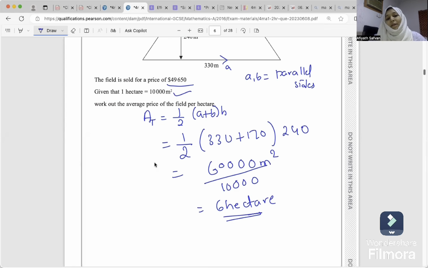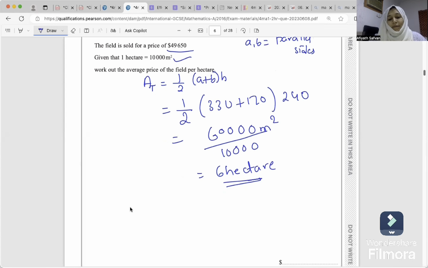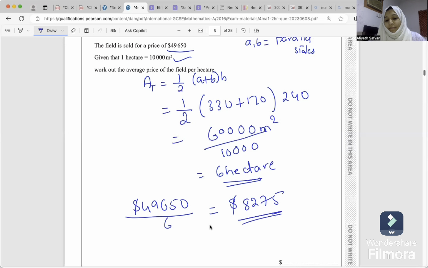So they say the field is sold for 49,650, which is the total price for the trapezium. So we divide by 6. 49,650 divided by 6 is going to be $8275.